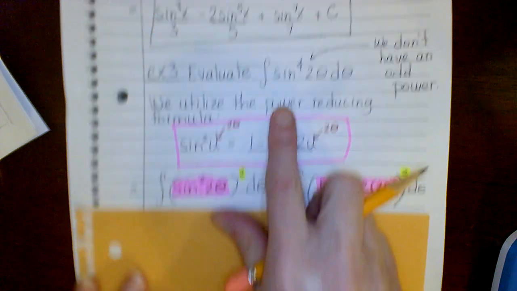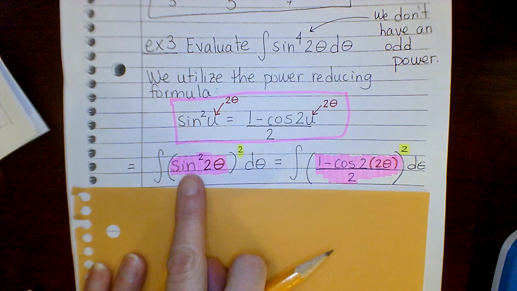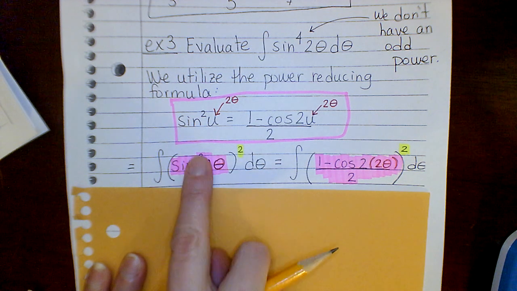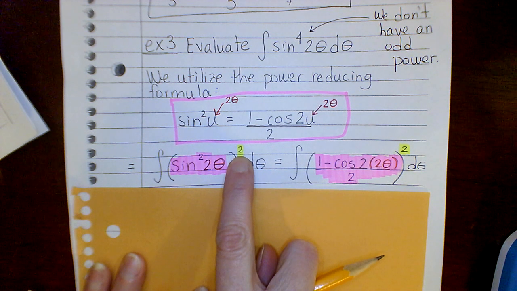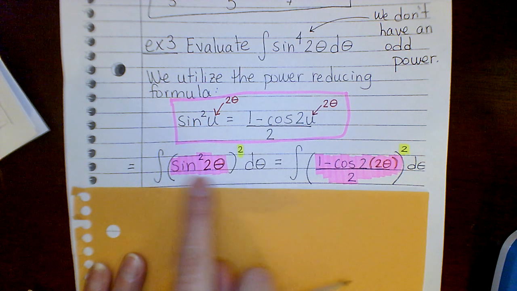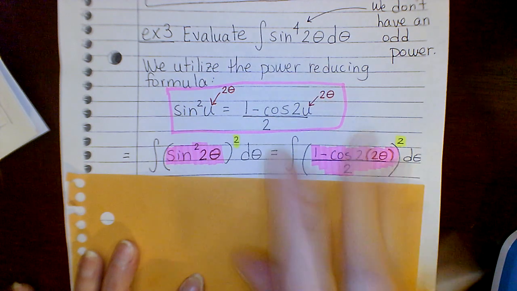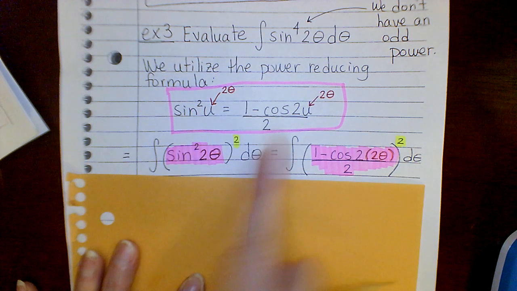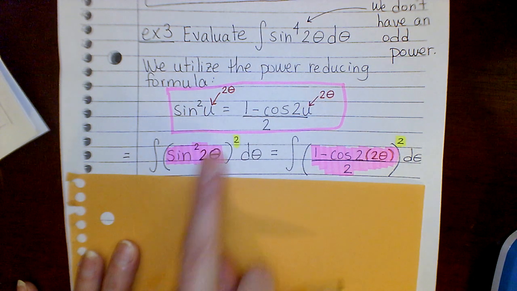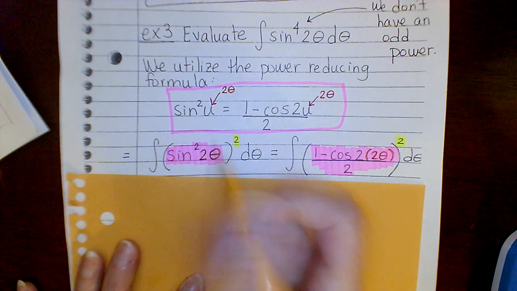Okay, so if I take sine to the 4th power and rewrite it as sine squared squared, I can replace this pink sine squared theta with the double angle. So I tried to color code this for you so you could see that this pink stuff here, I'm replacing this sine squared. Now remember, this formula right here is sine squared u.